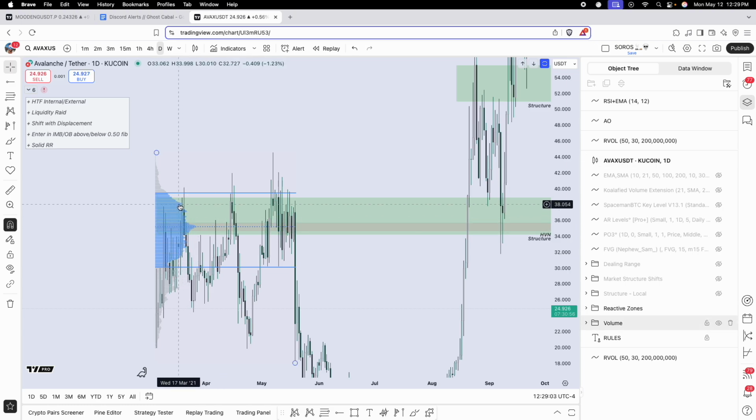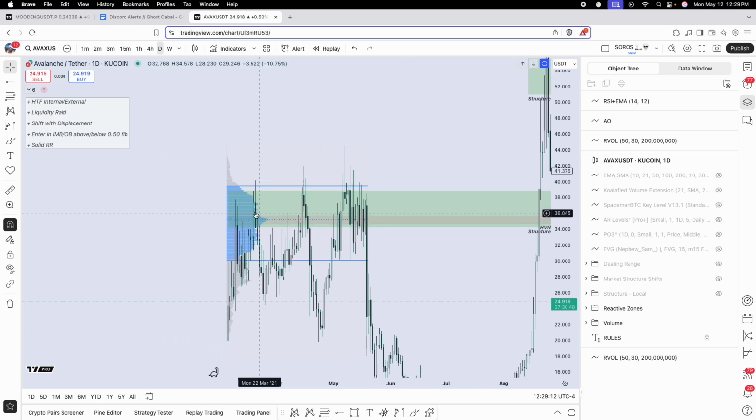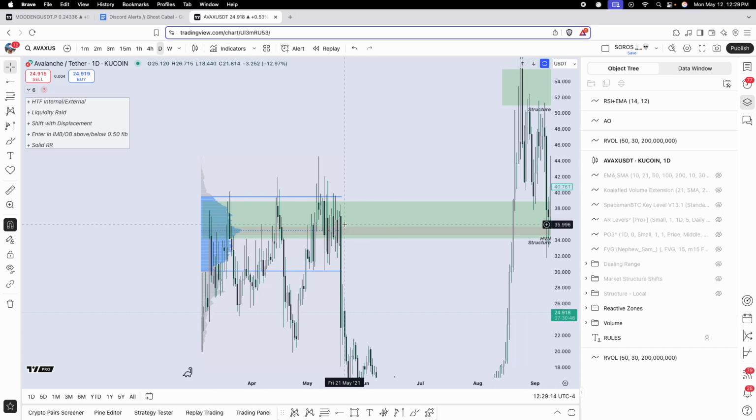And you can see there's a bit of a spike on the histogram right here. That's your high volume node. So within this structure, this is the node that has the most volume, and when you close above it, that volume node is supposed to be the most support on the backtest.